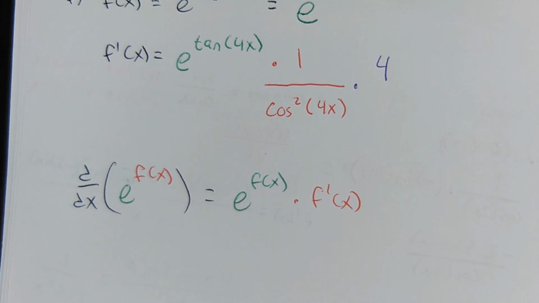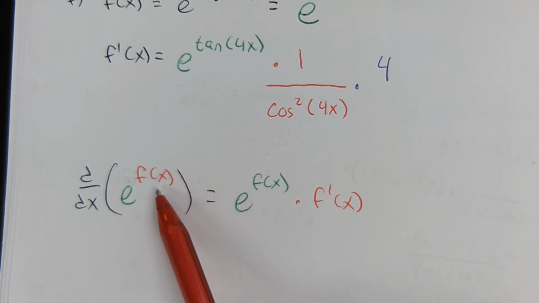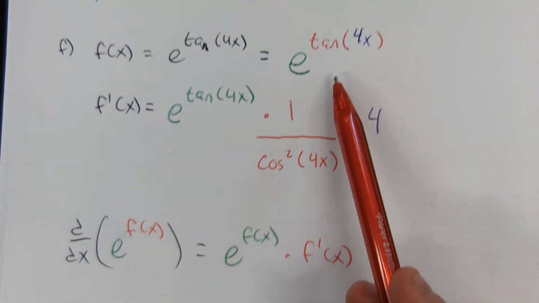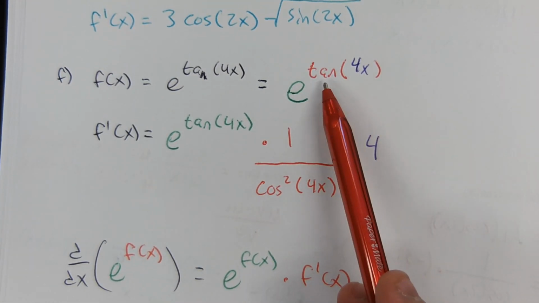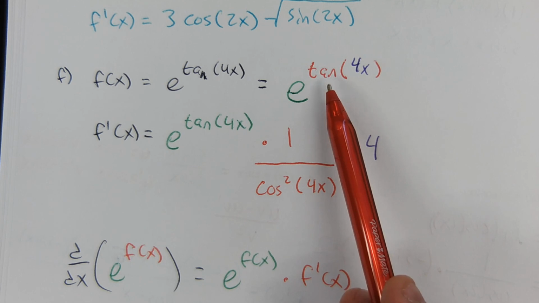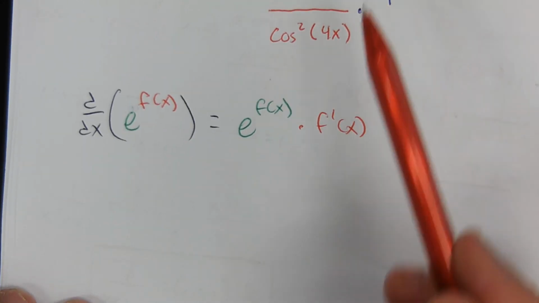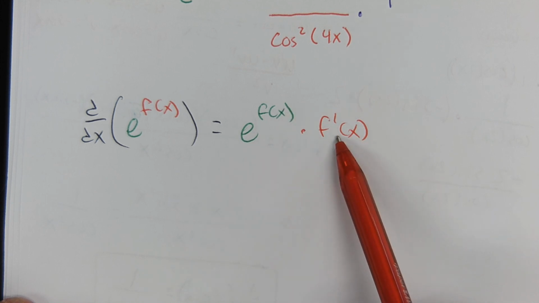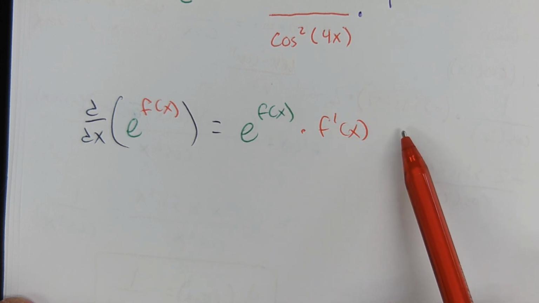That is the derivative of any e function when it's following the chain rule. Now what we had up here was an f of g of x, because we had a function inside this f of x. So our chain rule was e fx times f prime x times g prime x.